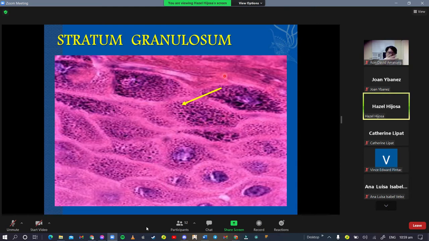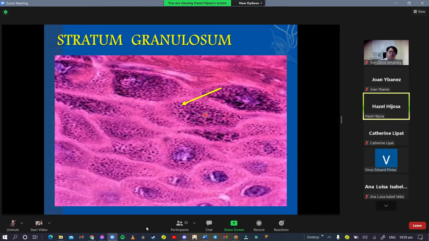So for this layer, what is the characteristic? Anybody? For the spinosum, you have the short spines or the prickle. For granulosum, what do you see in the cytoplasm? Presence of keratohyalin granules, Doc.